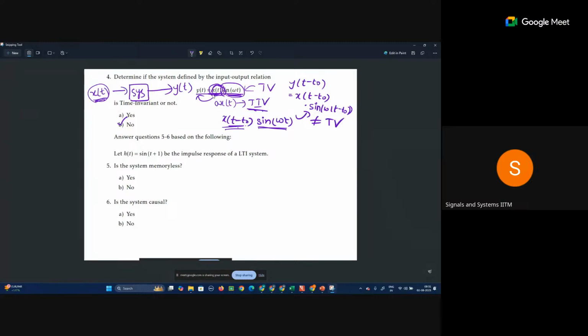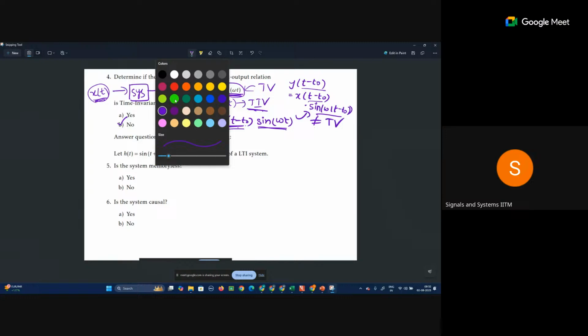After the result, we should get a delayed or advanced version of the output. We check it by the shift in the output, which is not happening. As a result, it is a time varying system. Is this clear? Yes, it's clear now.